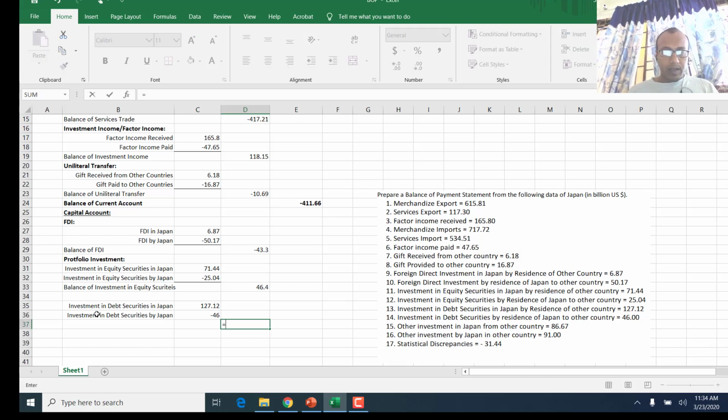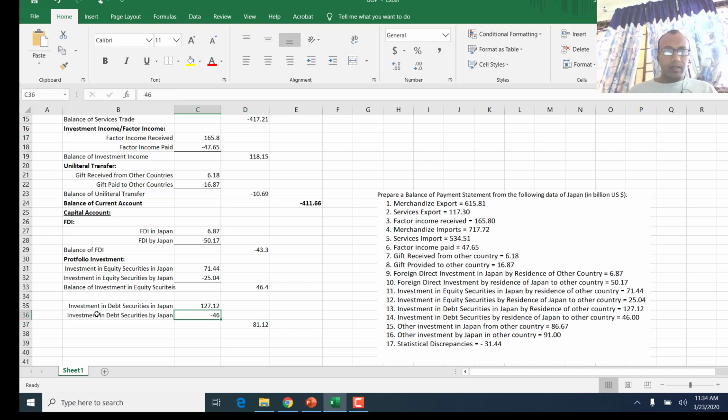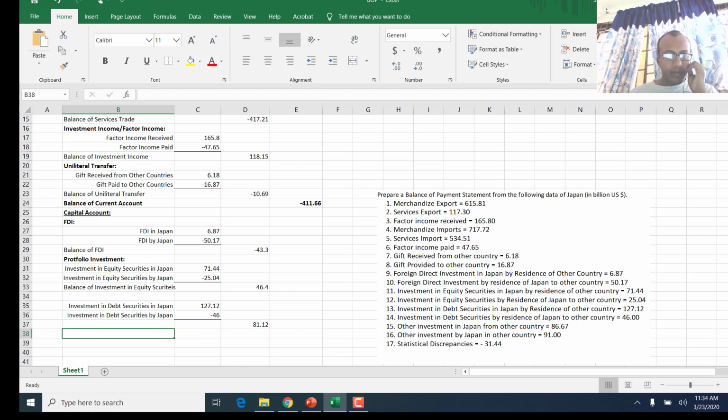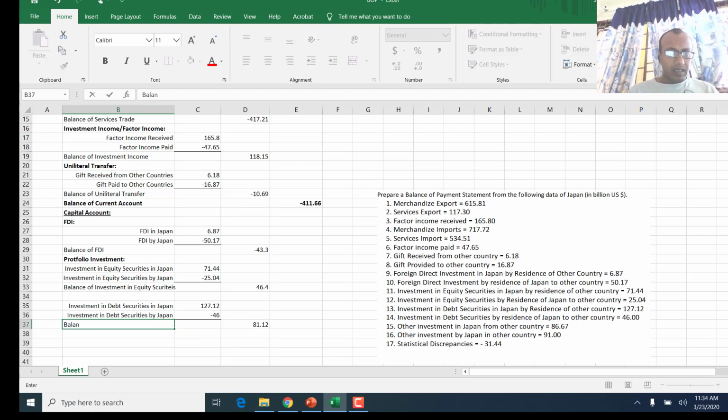So the balance is here. Let me underline it. This can be declared as the balance of investment in debt securities.